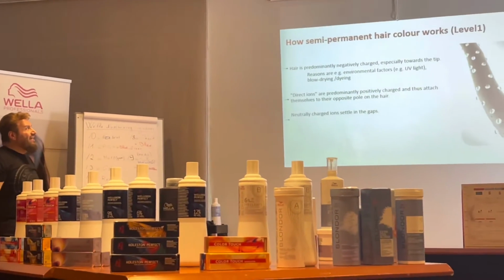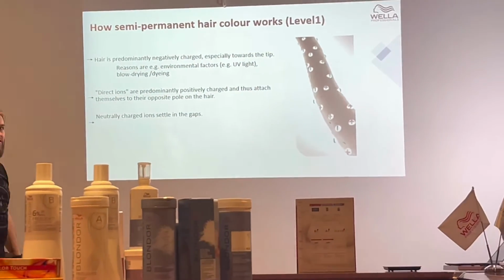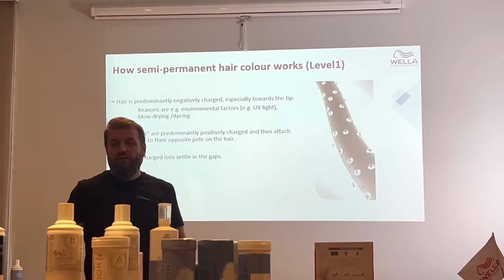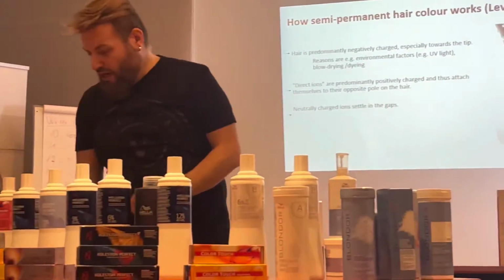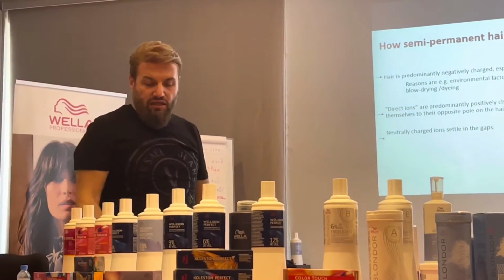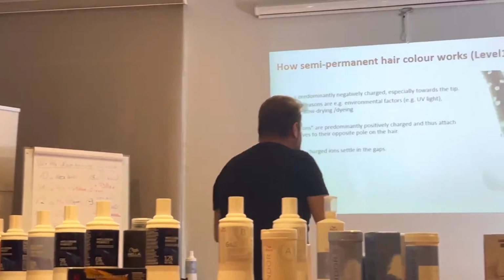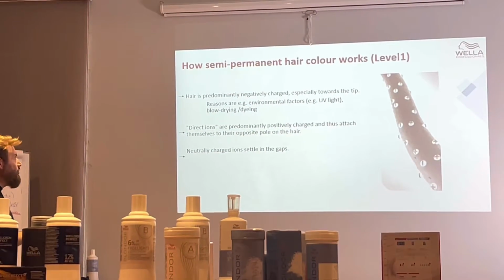So let's talk about how semi-permanent color works. When we talk about semi-permanent, we are talking about Color Fresh Create. Now, after a few minutes, my colleague Fadi will start explaining to you how it works.